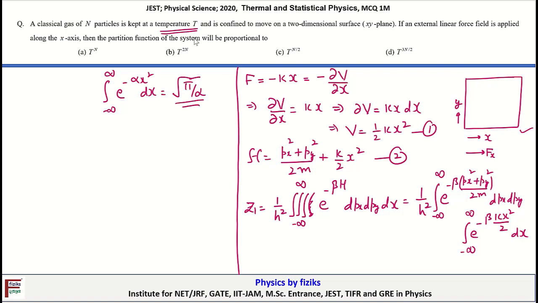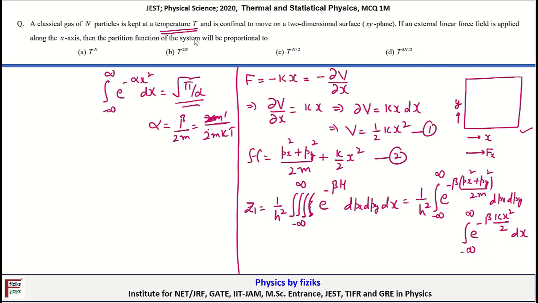The constant alpha in these two integrals will be beta upon 2m, or you can say 1 upon 2m kT.